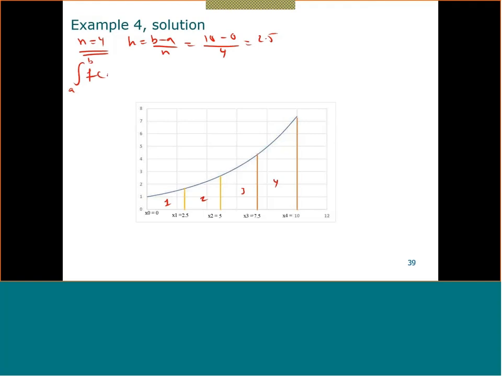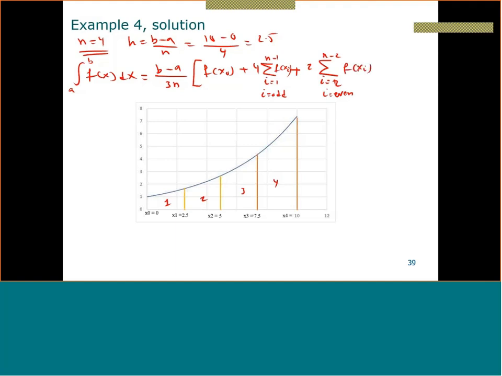But now I will be using the more general formula, which is b minus a divided by 3n, times f of x0 plus 4 times the summation where i goes from 1 to n minus 1, and here i is an odd number, plus 2 times the summation where i goes from 2 to n minus 2 of f of x i, and here i is an even number, plus f of x n.